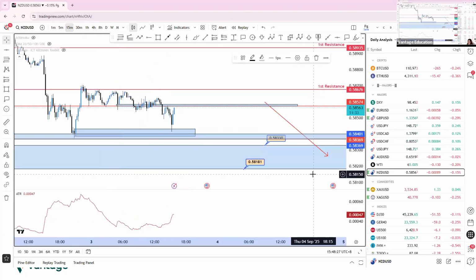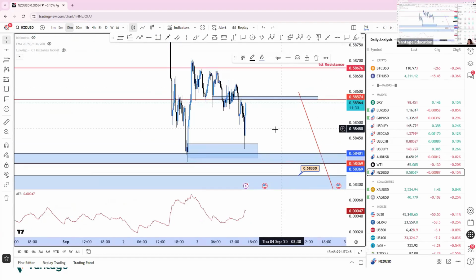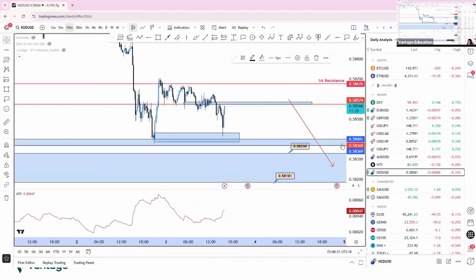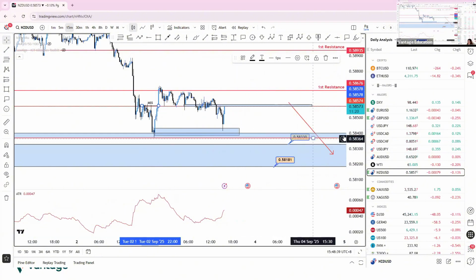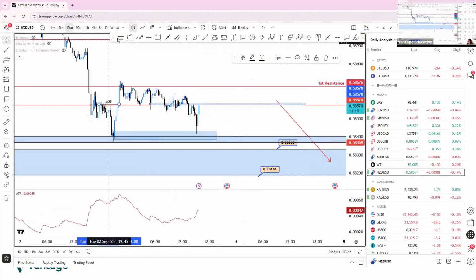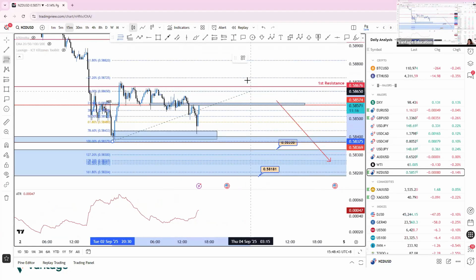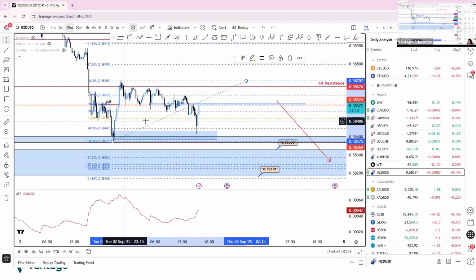If you go down to the lower time frame, you will see that price somehow makes a break of market structure here. Let's say price was falling, and had a rejection at 61.8 here. So basically this is going to be our buy zone, right?